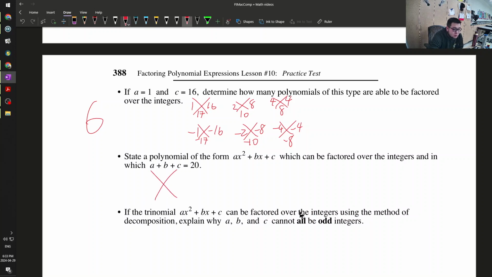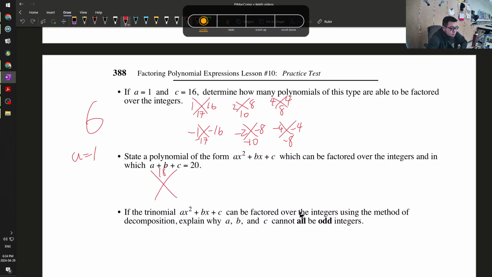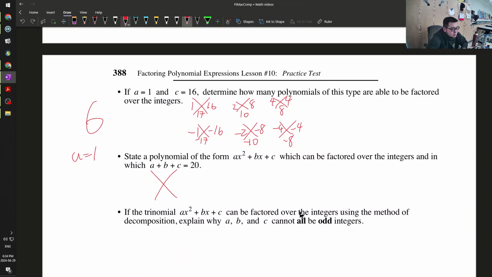So let's say a is equal to 1, then 20 can make anything work. 18 and 2, I don't think that works. 17, 3; 16, 4; 15, 5; 14, 6; 13, 7; 12 and 7, does it work? Yeah, it does. So 3 and 4, right?